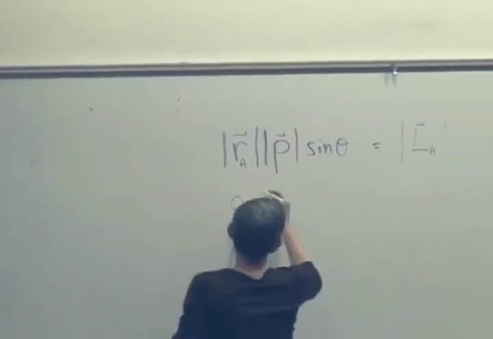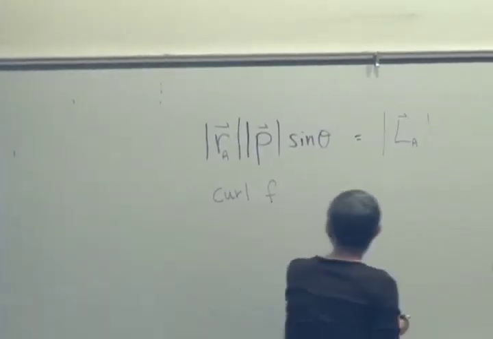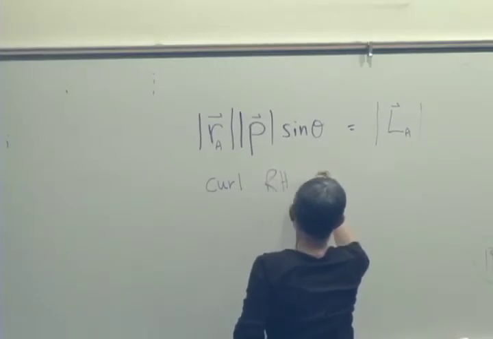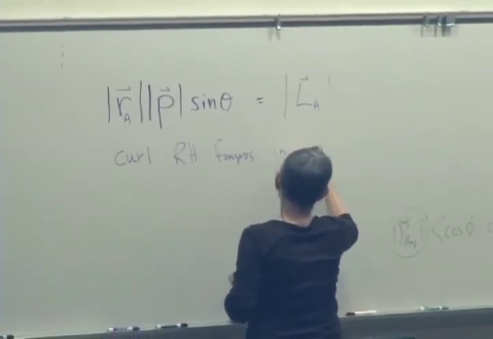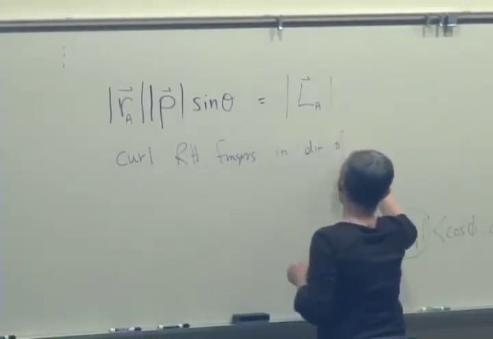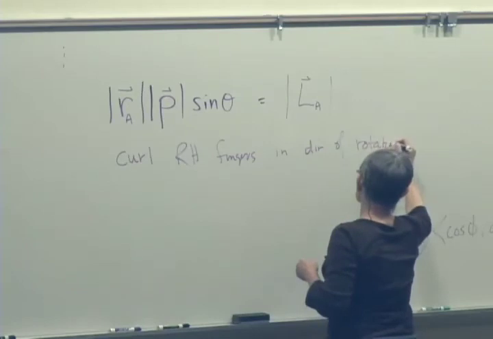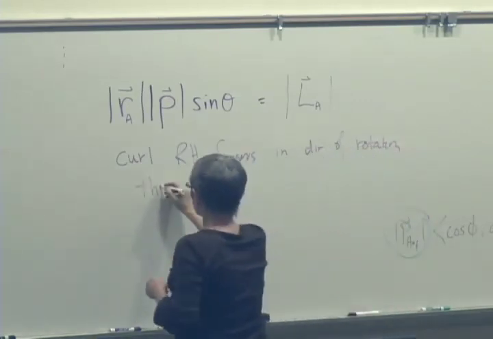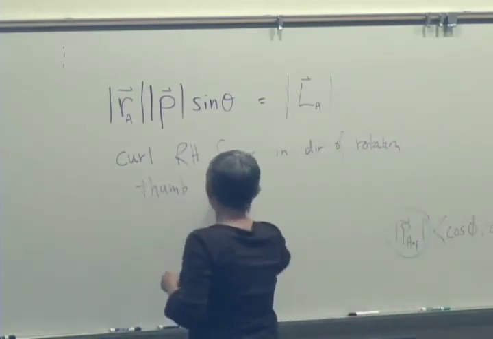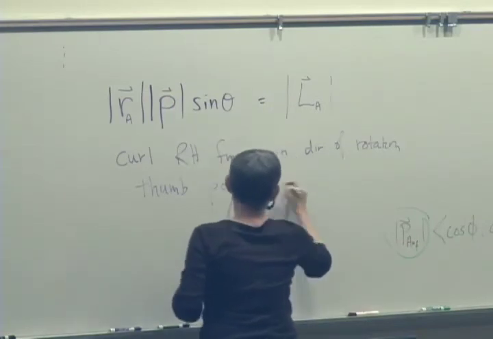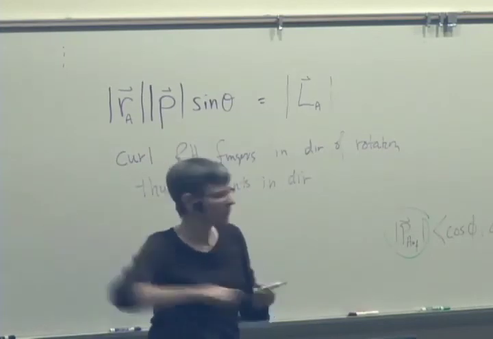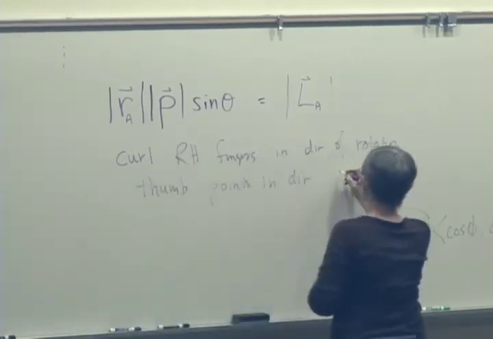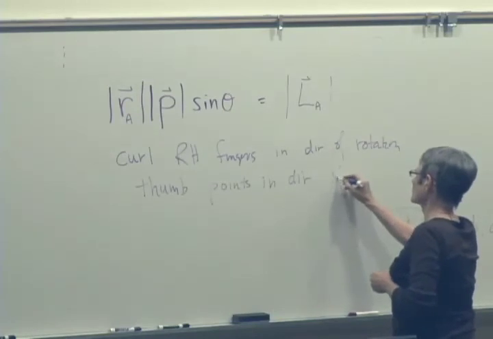And if you curl your right hand fingers in the direction of rotation, your thumb points in the direction of a vector normal to the plane, and so we call that the direction of the angular momentum.